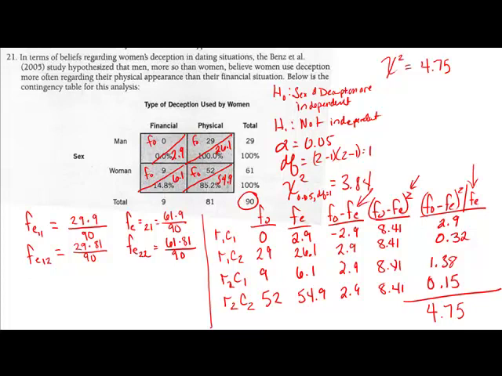The result of this analysis supports the hypothesis that men, more than women, believe women use deception more often about physical appearance than financial situation. Basically, men more than women think that women lie about their physical appearance.